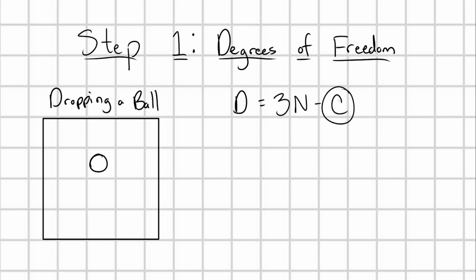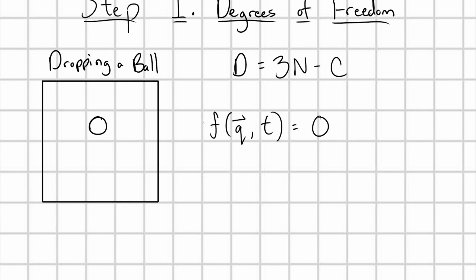And c refers to the number of holonomic constraints. Ooh, that's a fancy word, holonomic. What does that mean? That means I can express the constraint in the following way: F of q, t is equal to 0. What this does is reduce the number of independent variables. Just a really simple example: let's say I was using Cartesian coordinates and my holonomic constraint looks like x plus y plus z is equal to 0.